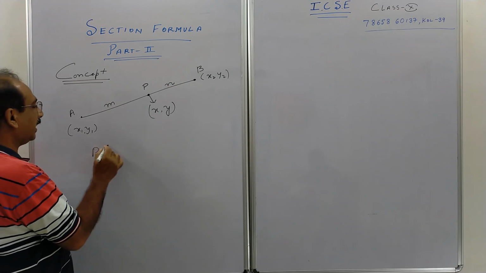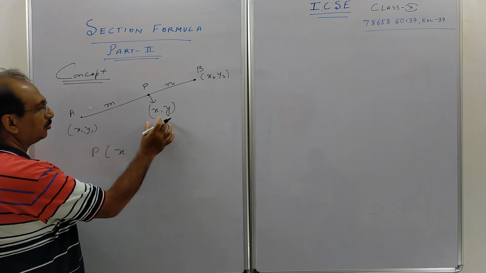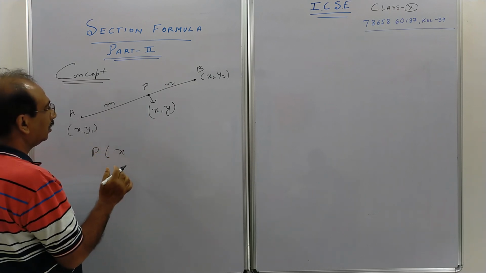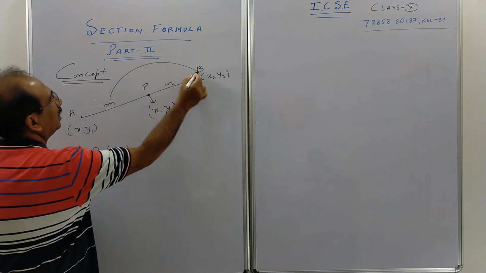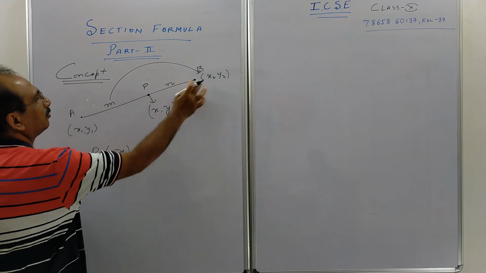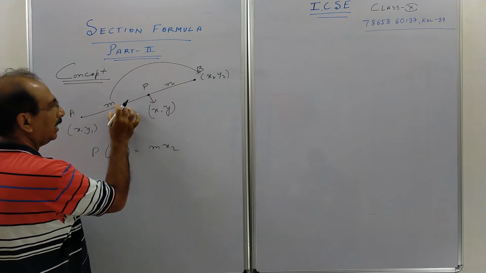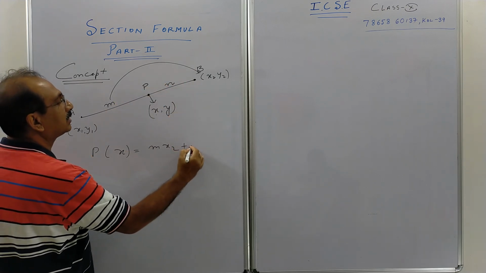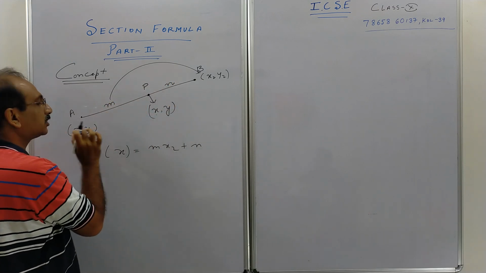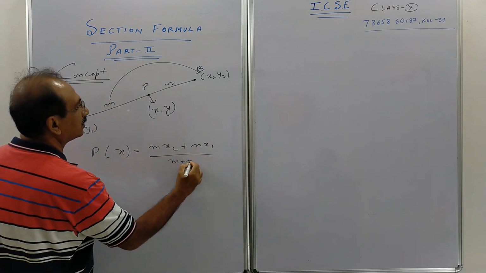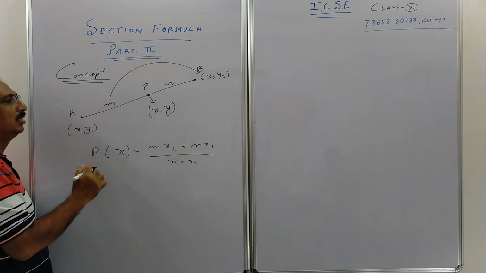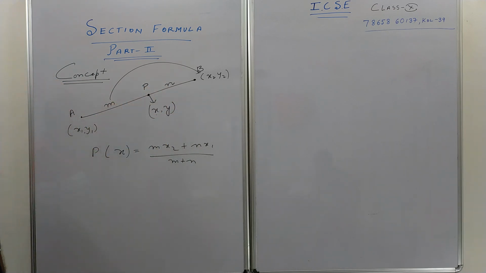So for x of P, I'll show you with an example. We get m times x2 plus n times x1, divided by m plus n, the sum of the ratio. This can be 2:1, 3:1.